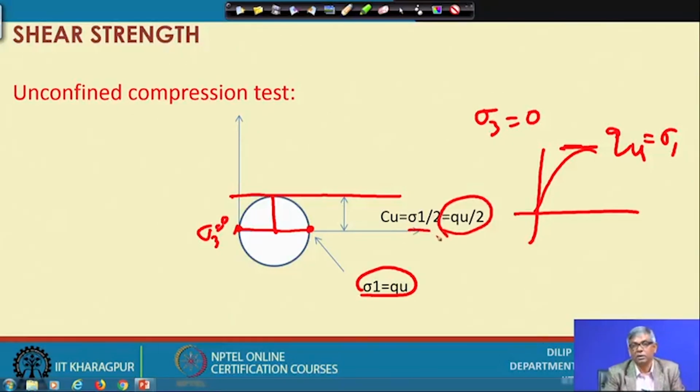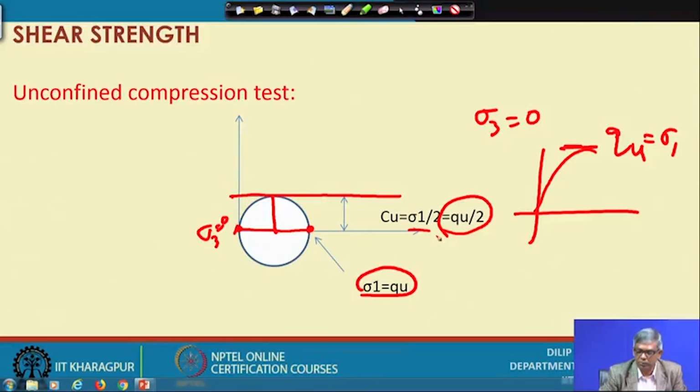So, in many competitive exams, some problem will be given, and instead of giving the shear strength parameter, they may give the unconfined compressive strength as some value.